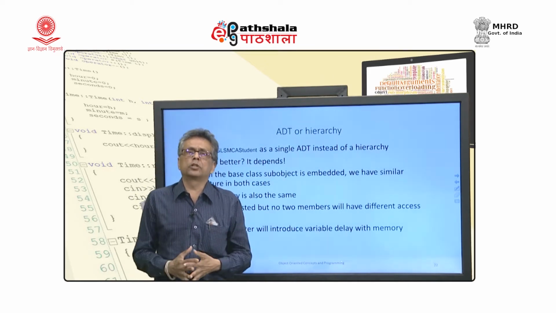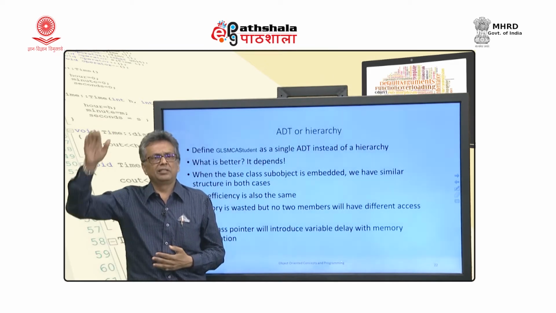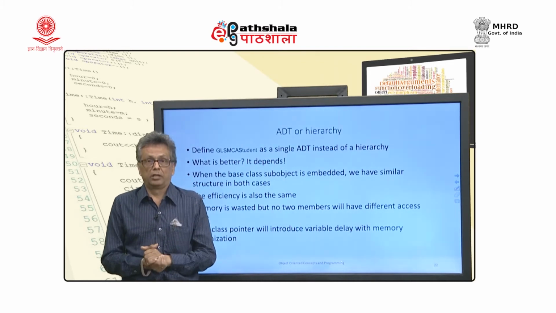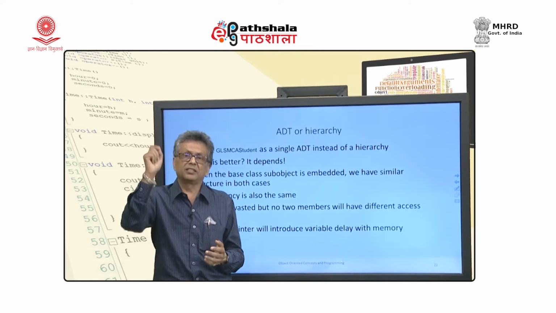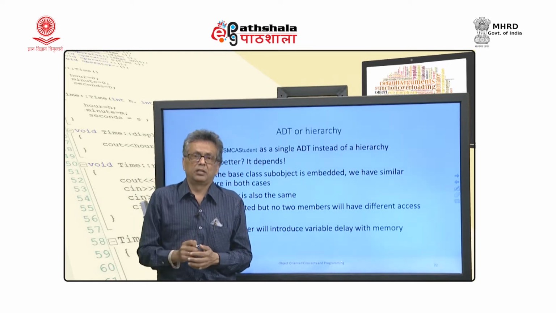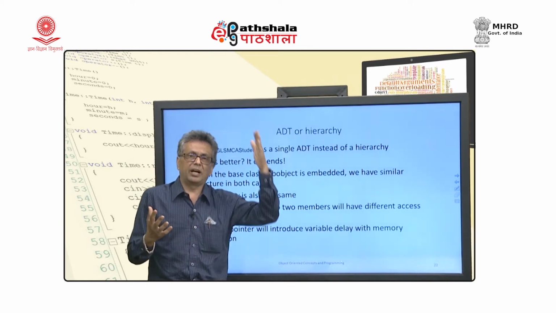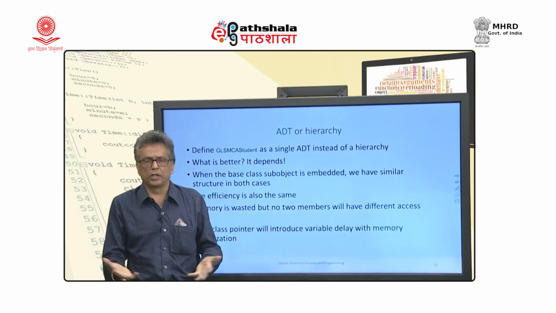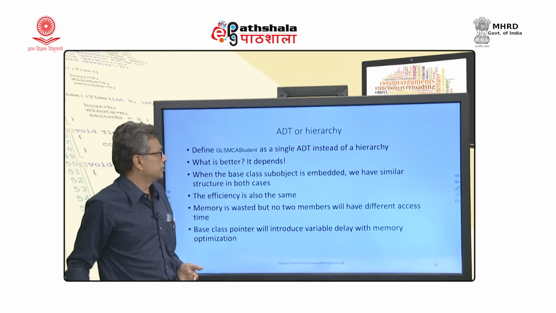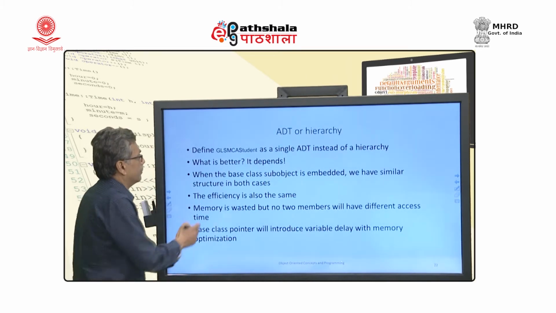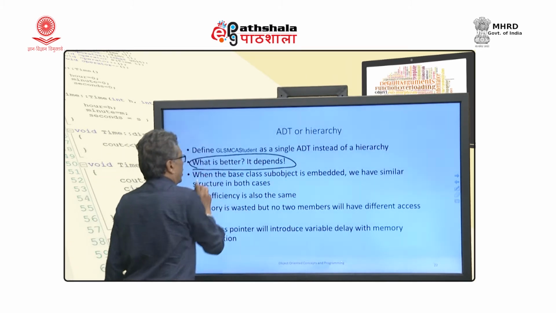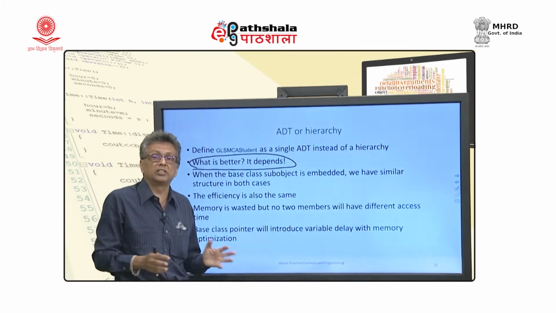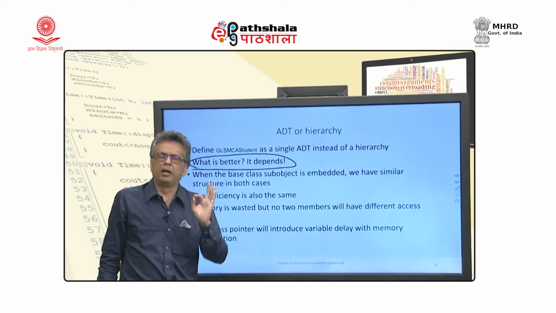I want a solution where even in the inherited case, I do not need to have any performance overhead. Performance overhead means if I am accessing a member, in an ADT or an inherited version, it should not differ; it should be accessed with the same time. Which is better depends on the design, but from the performance angle, C++ makes sure that the performance is identical by doing a simple trick.